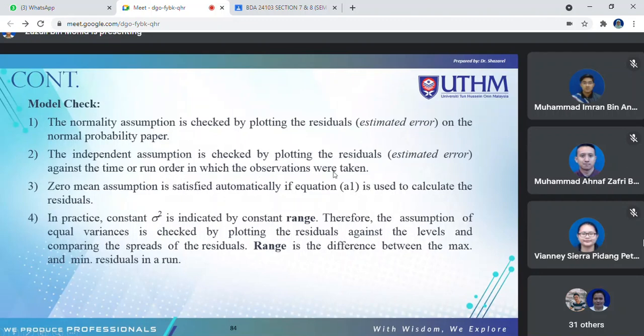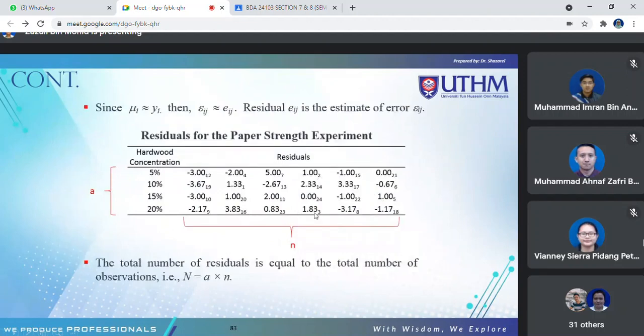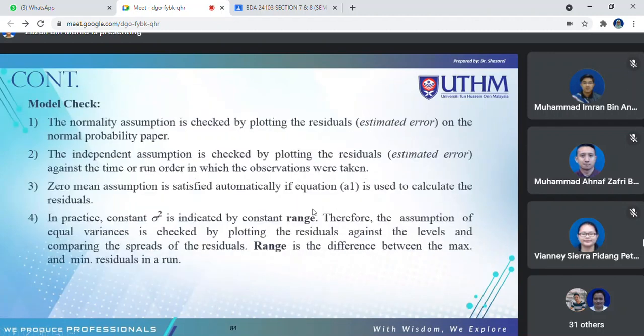So we have to plot it using the sequence number. The first data must be 1.33, the second data must be 1.0, the third data must be 1.83. The zero mean assumption is satisfied automatically if equation A1 is used to calculate the residual.